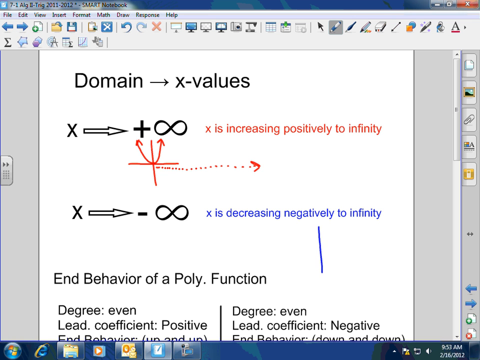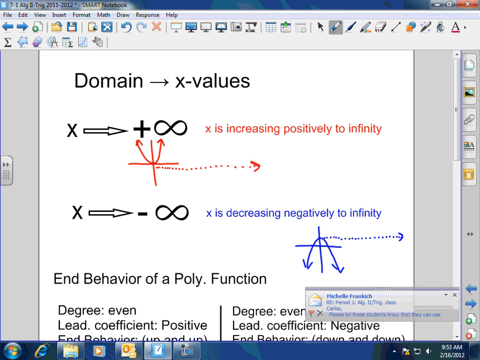And what would happen here is, as x is increasing slowly but surely, correct? It's getting wider, right? Good. Does that make sense?